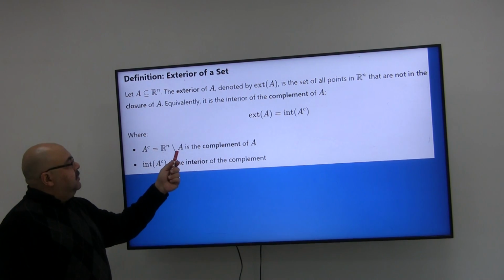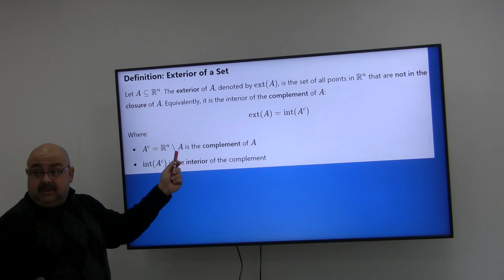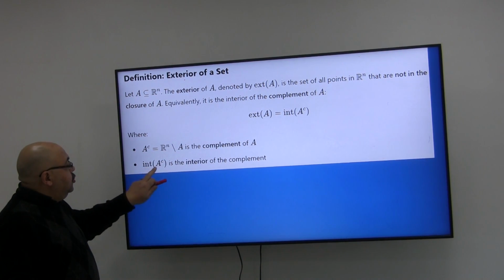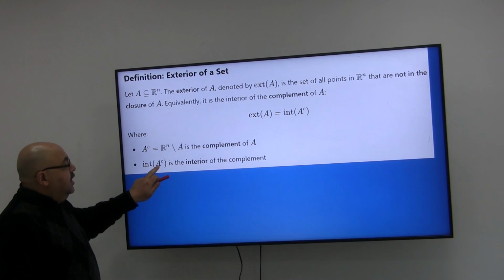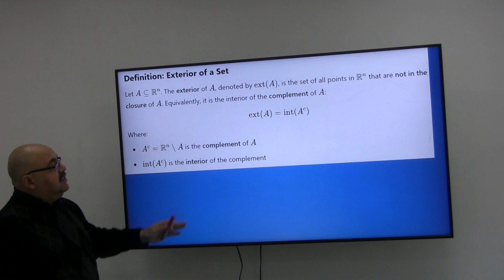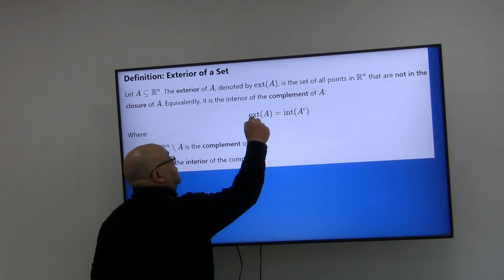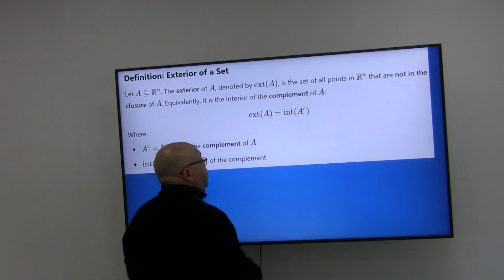A complementary is R^n except A, so it is the complete space but without the interior part. The interior of A complementary is the exterior of this relation. So what I want to say is the exterior of A equals the interior of A complementary.